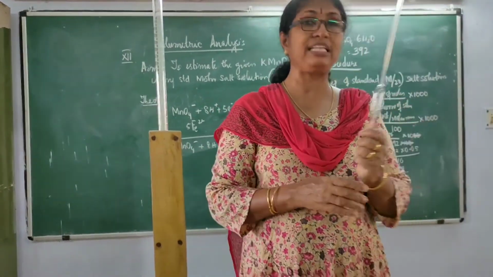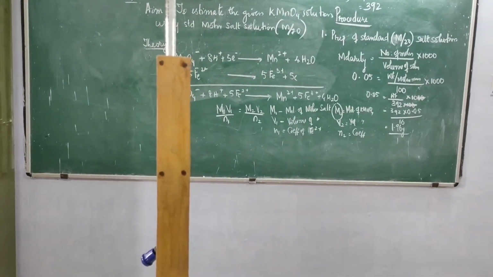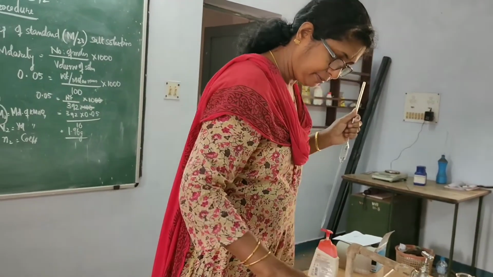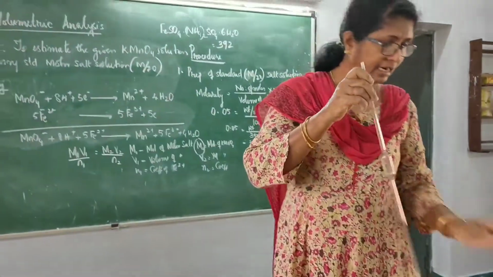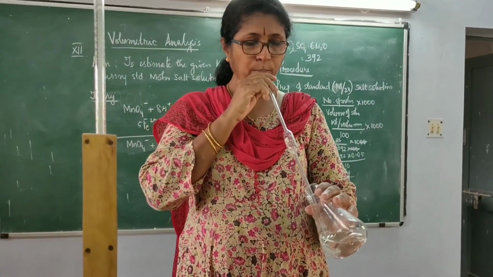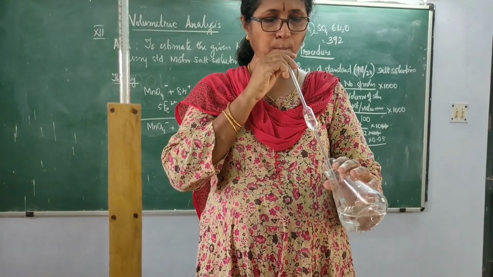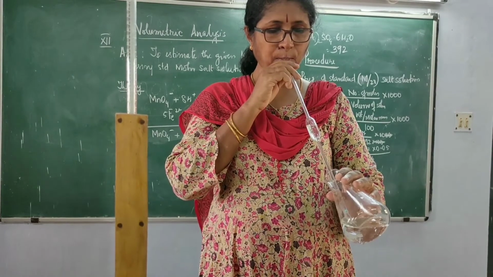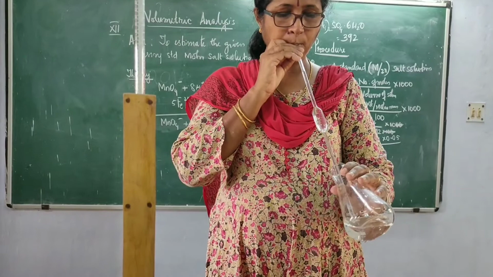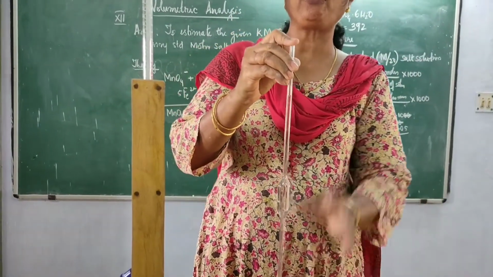Now how to fill this or how to take the solution using the pipette, I will show. Fill it like this. You have to suck in. See, then close it with the forefinger.